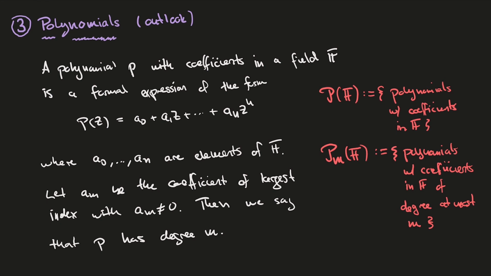We will see in a future video that both of these sets are actually vector spaces over the field F. And if you've seen polynomials before, I encourage you to think about how we would define addition and scalar multiplication on these sets, and what the zero element and the additive inverses should be.